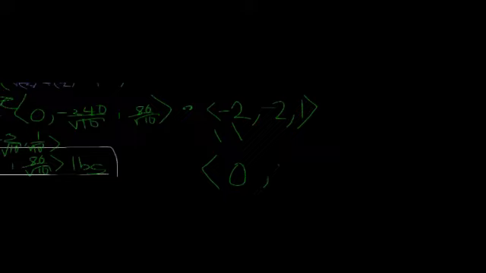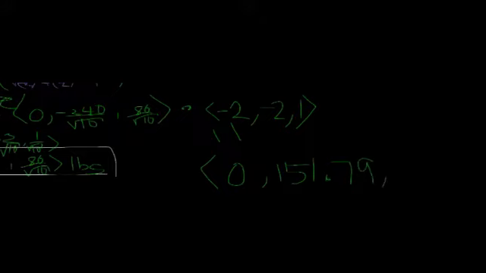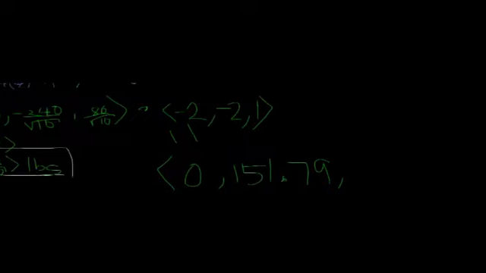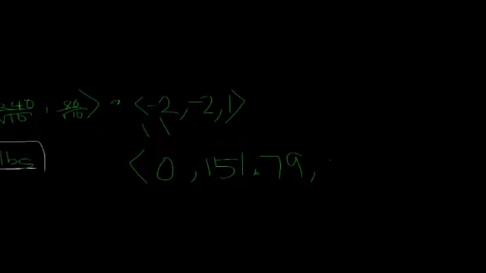The negatives cancel, so 48 square root of 10 is 151.79, rounded up in this case, and 80 square root of 10.